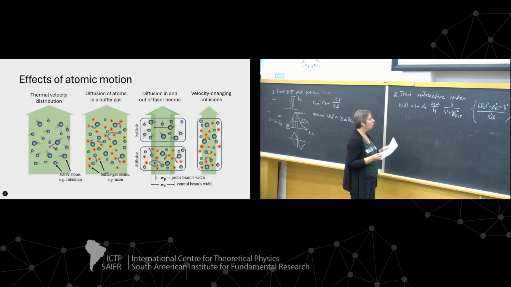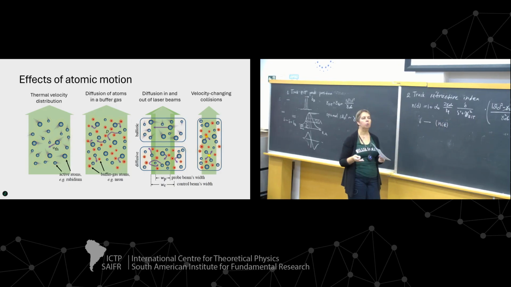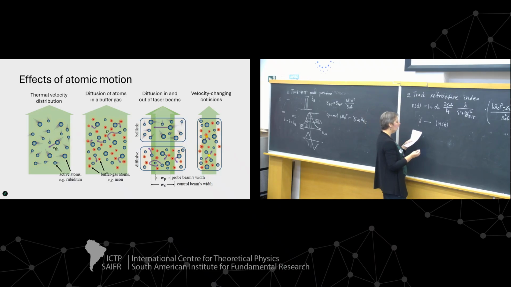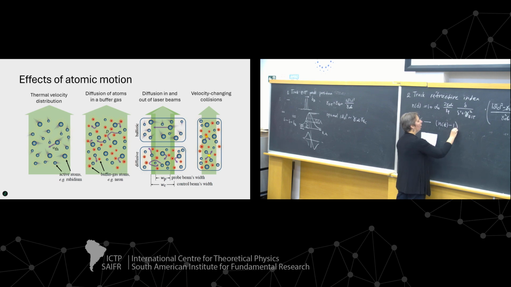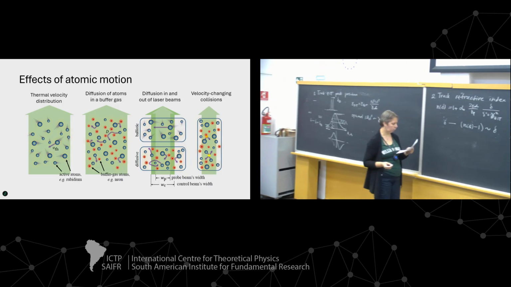So that means that if we have a small variation in two-photon detuning due to magnetic field or electric field or whatever we are measuring, our parameter of interest, then that will induce a small variation in the refractive index, which is basically proportional to this two-photon detuning.